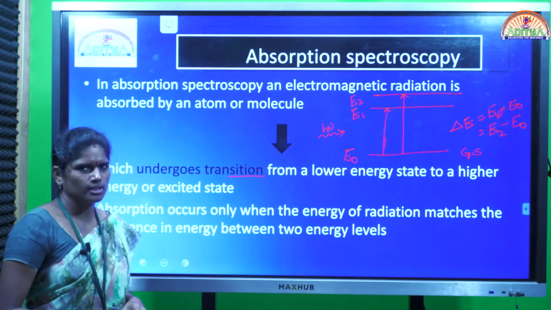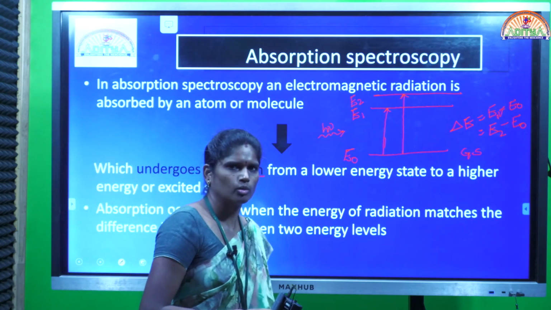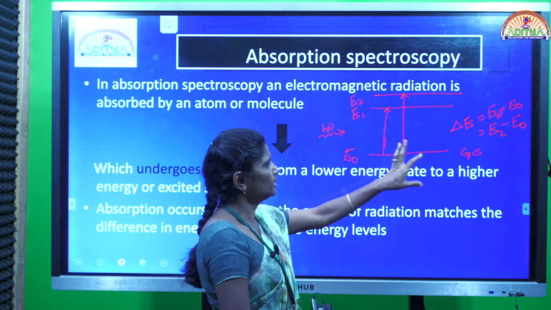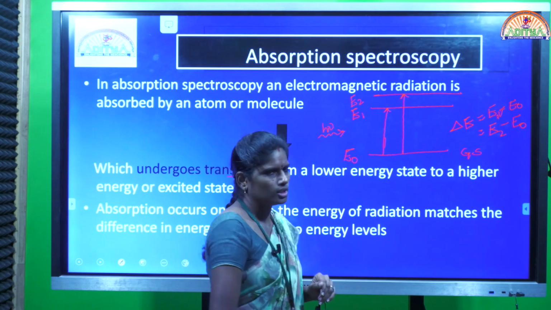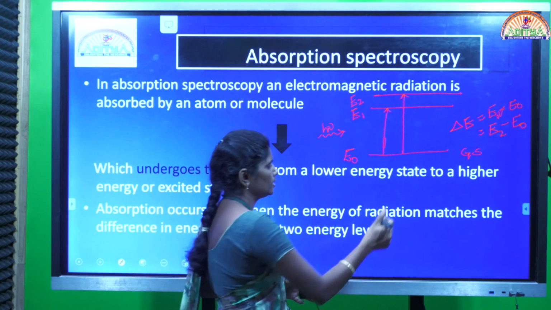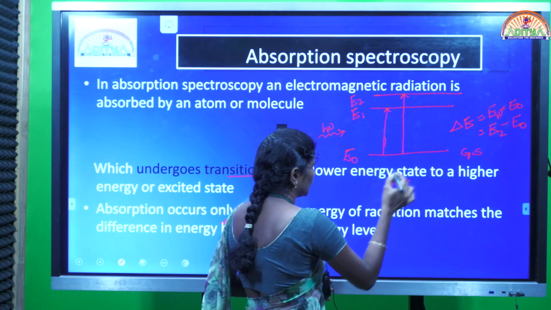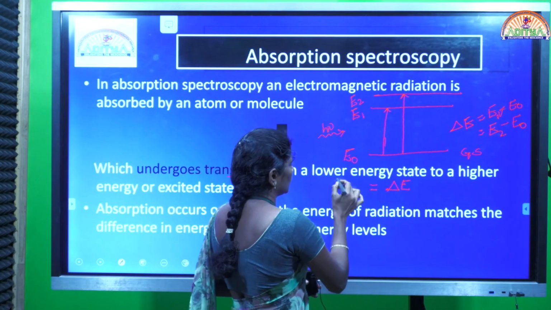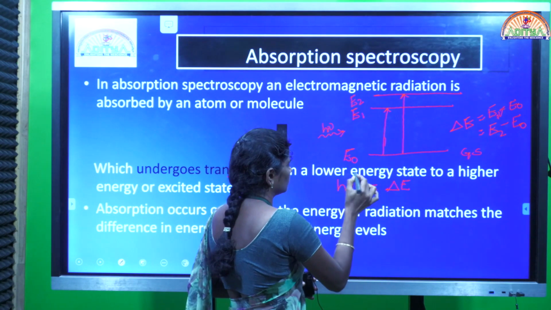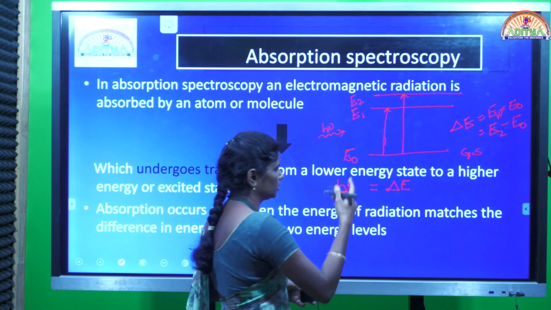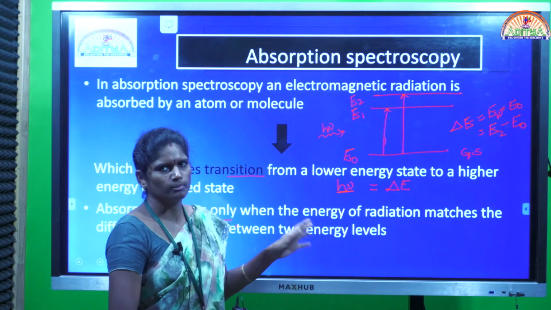So delta E represents the energy difference between electronic energy levels, which is E1 minus E0 or E2 minus E0. When this delta E value exactly matches the energy of your incoming electromagnetic radiation, the absorption process will take place.